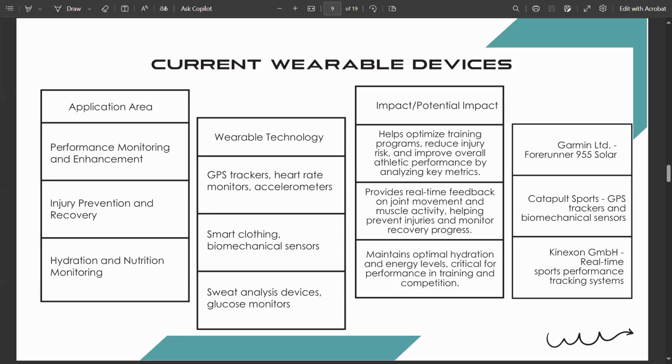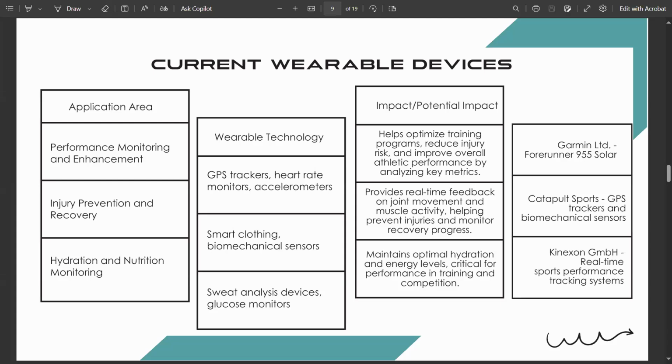Again, these are highly used by athletes, and there are multiple companies offering not just the devices but the AI and data analysis behind the movement of athletes and how to optimize it. Some of the examples are Catapult Sports.